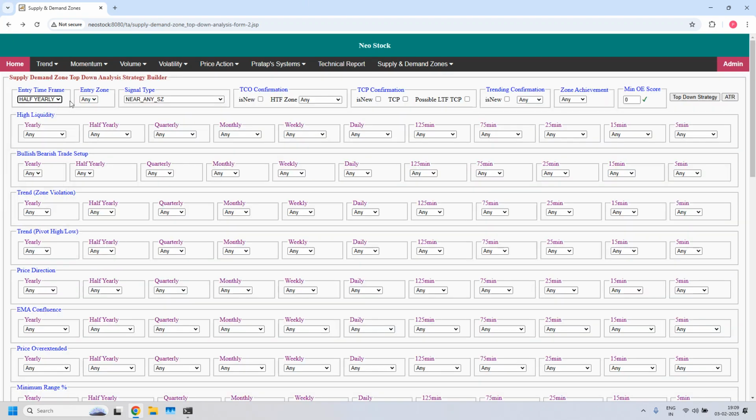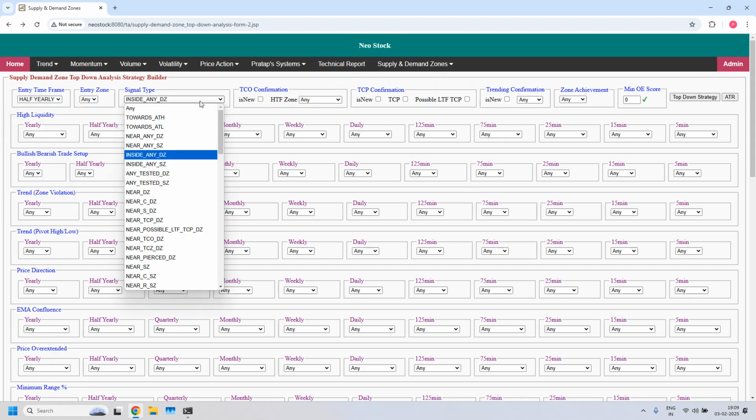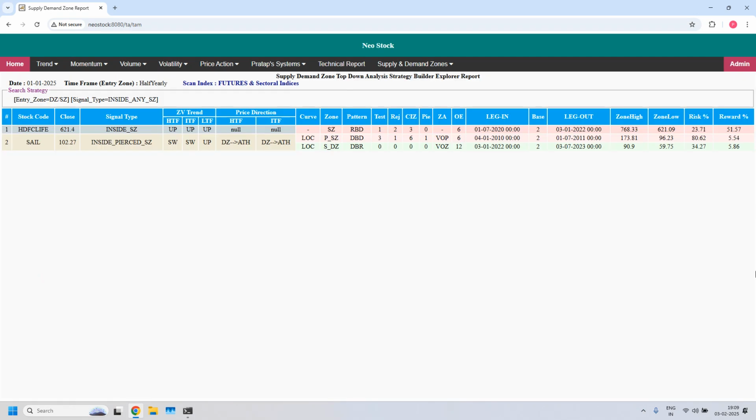Next, price closed inside the half yearly demand zone, we got 5 stocks. Next, price closed inside the half yearly supply zone, we got 2 stocks.